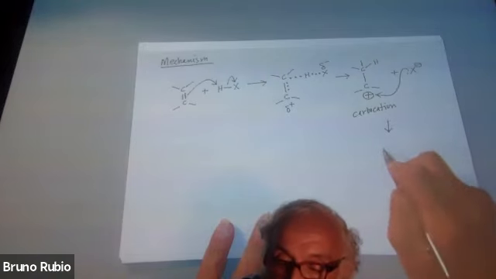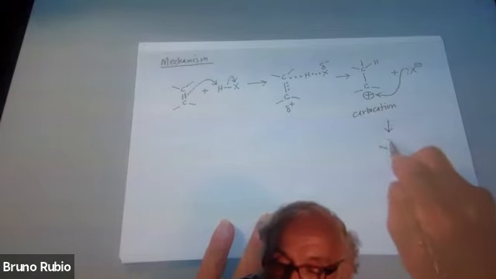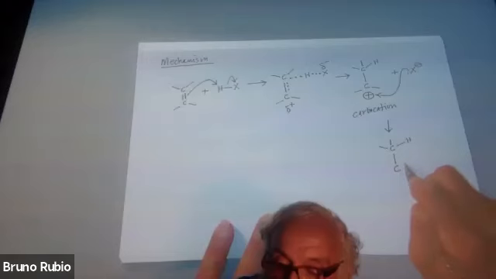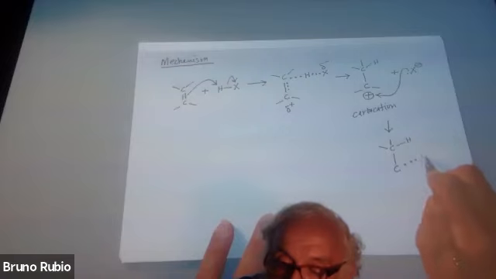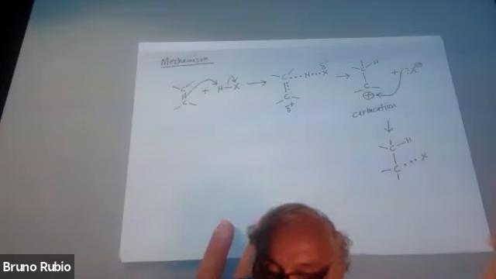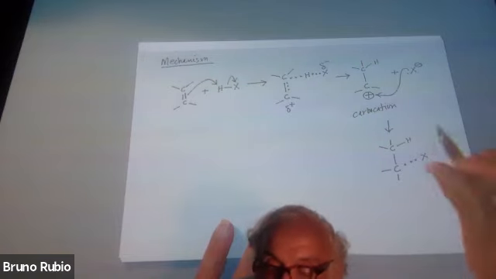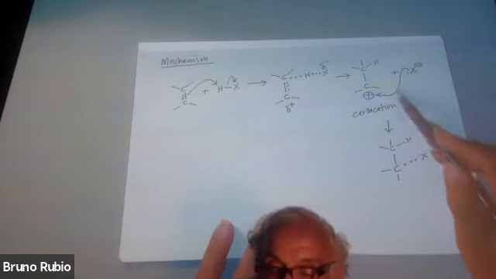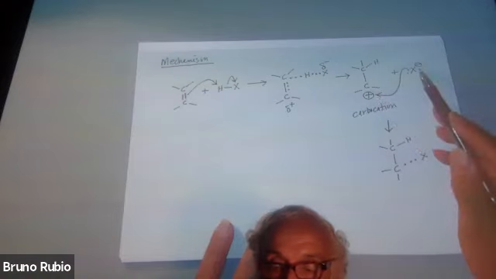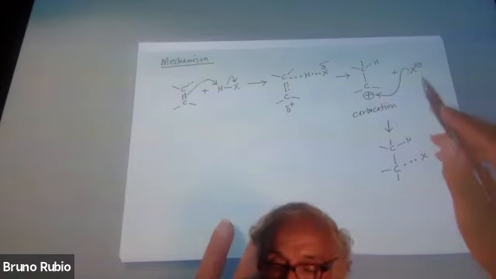I can draw the transition state for this step, where that X is about to form a bond to the carbon. This arrow shows I'm pushing electrons away from something that's negative.